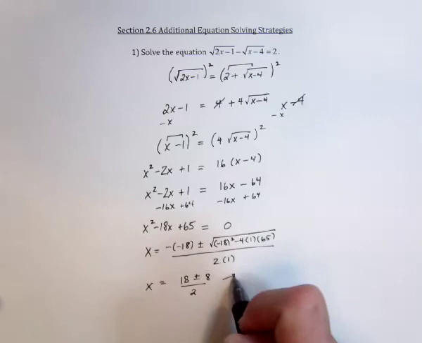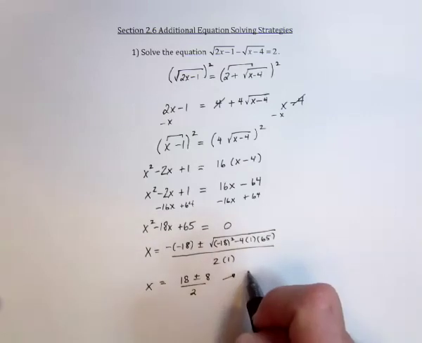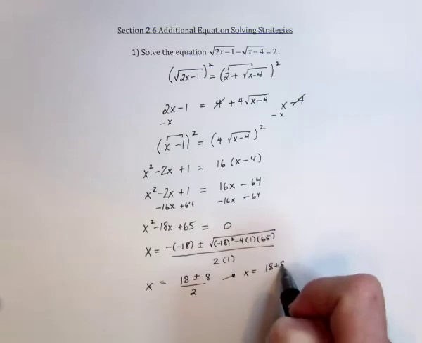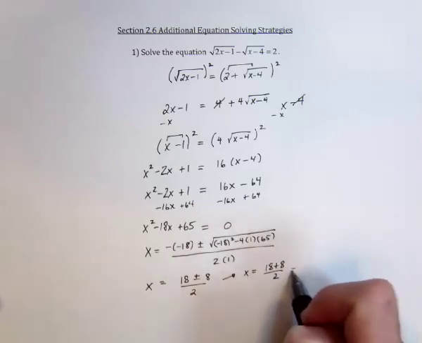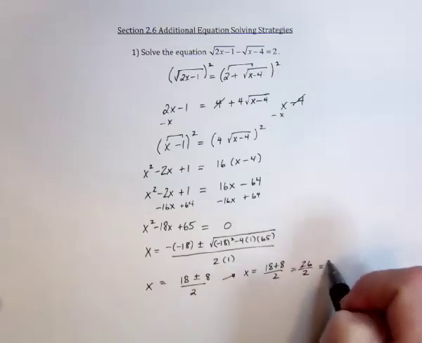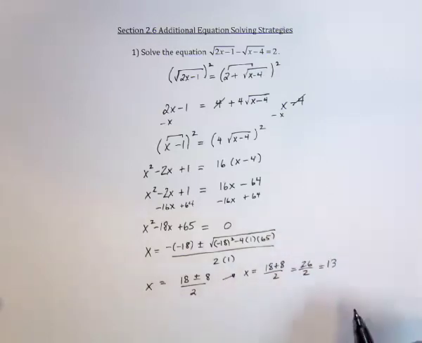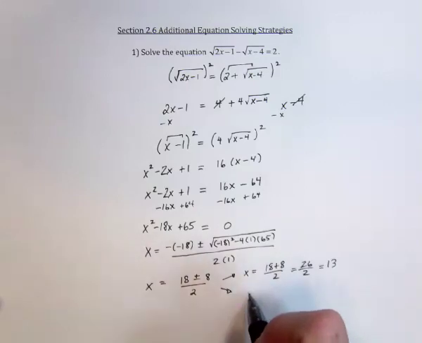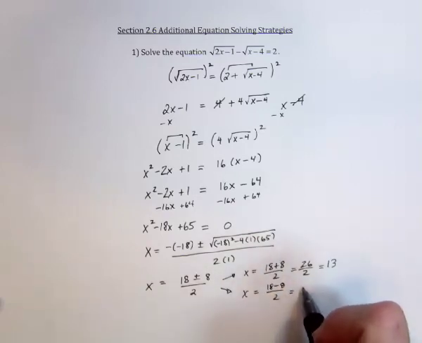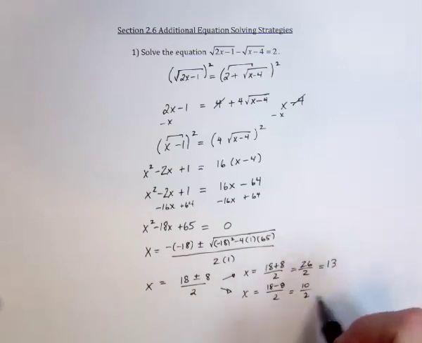So that gives us a couple of possibilities. There's x equals 18 plus 8 divided by 2, which is 26 divided by 2, or 13. There's also the possibility that x is equal to 18 minus 8, and then divided by 2, which is 10 divided by 2, or 5.